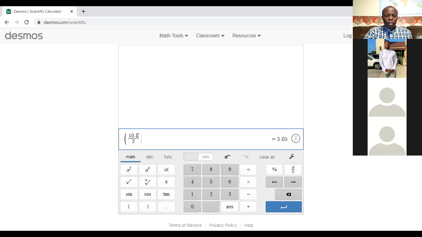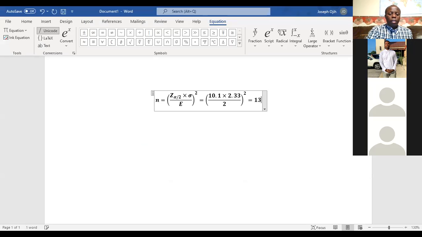Of course, 10.1 times 2.33. Close this, and of course, close this and make it square. 138.45. So you have it as 138.45.